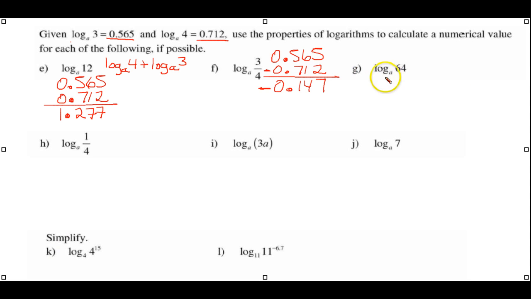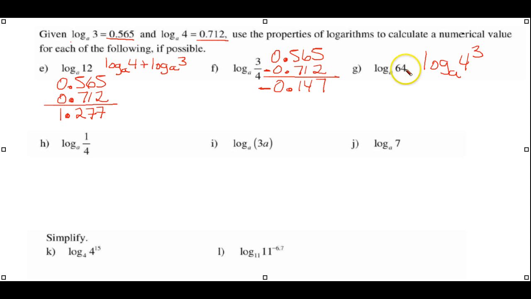Now in letter G, it's going to take a little bit of challenge here. So remember, we said that if we convert this, in fact, let's write it up here, log base A, and I'm going to say that 64 is 4 cubed.